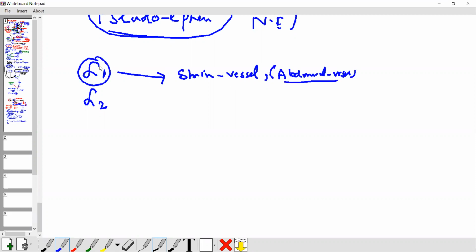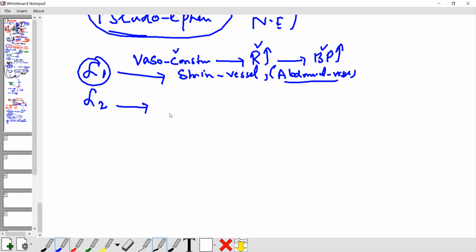The function of alpha 1 is vasoconstriction. If you stimulate alpha 1, vasoconstriction occurs, resistance increases, and blood pressure increases.